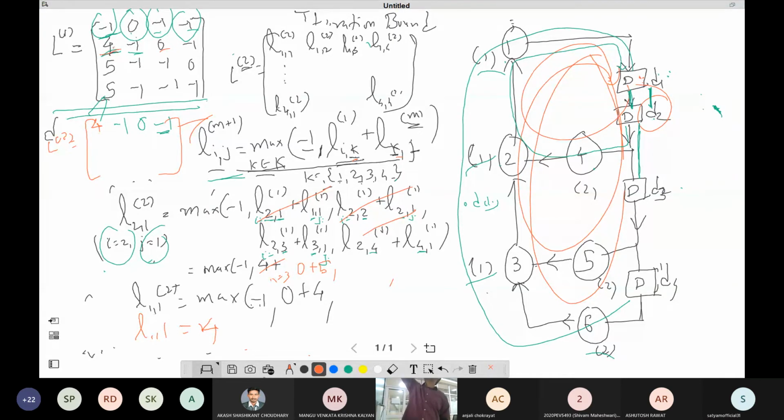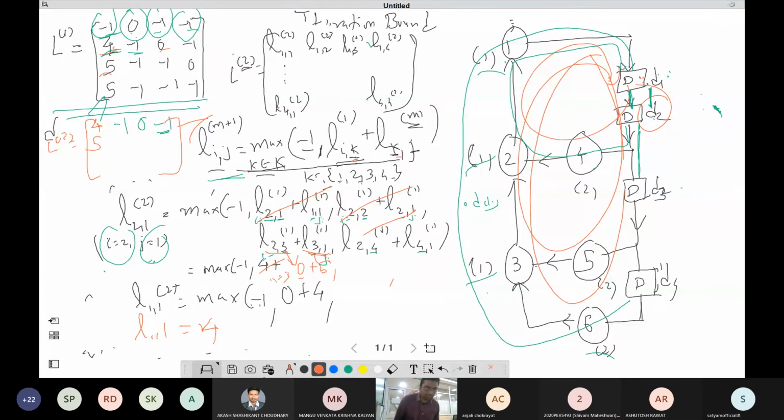But with this, whatever the second part which is being created, that does not exist. So only this option is remaining. So L23 was 0 and L31 is 5. So the answer is 5. So next element is 5.